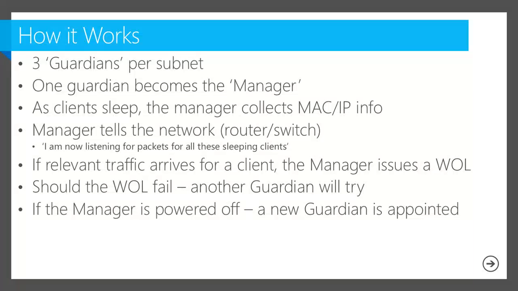And because the sleep proxy has ensured that the ARP cache is still populated with those clients, they'll still be woken as usual. So what the proxy is actually doing is simply enabling the unicast to arrive at the client.